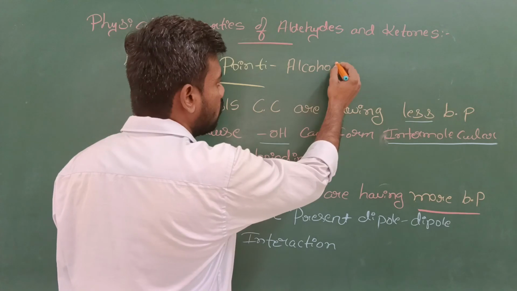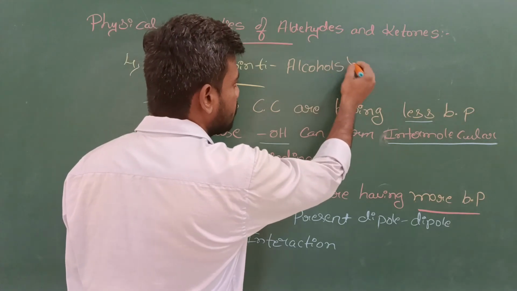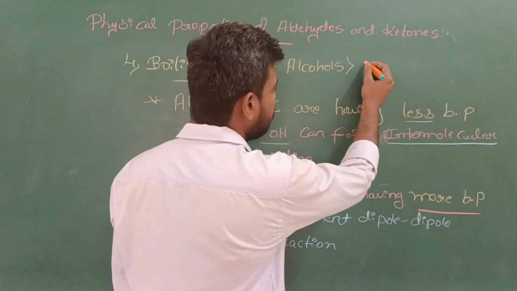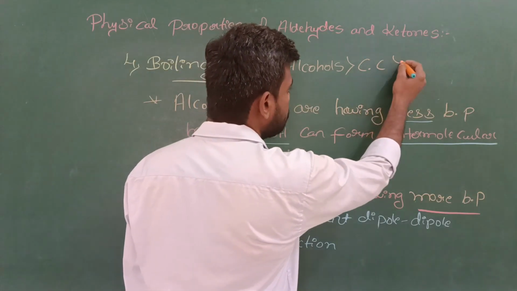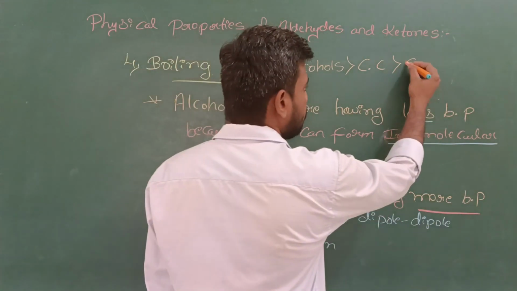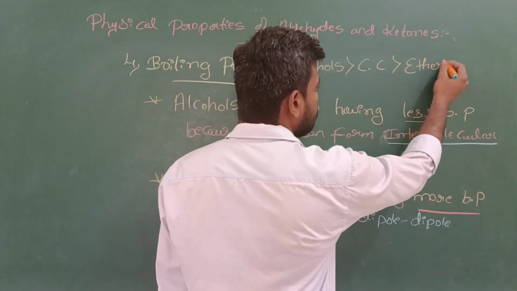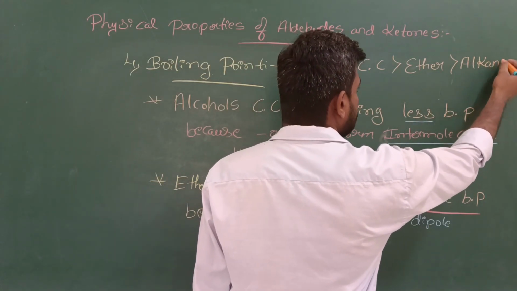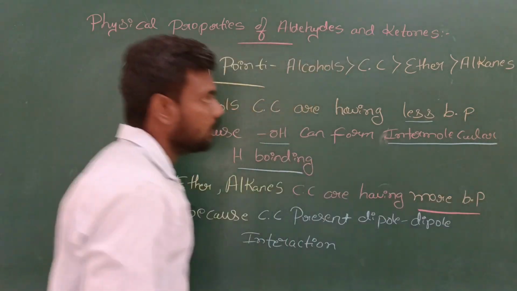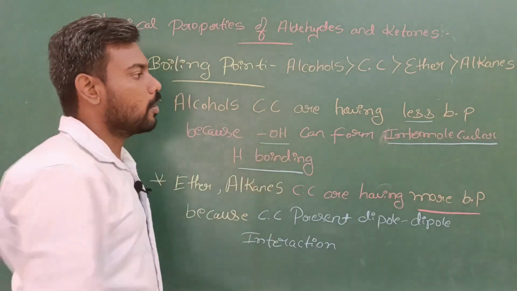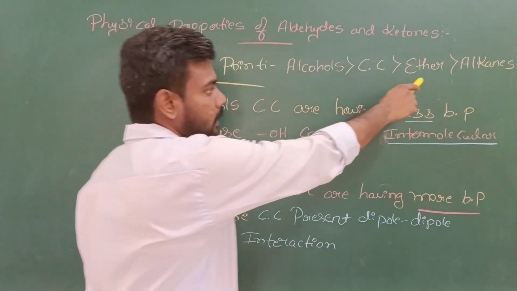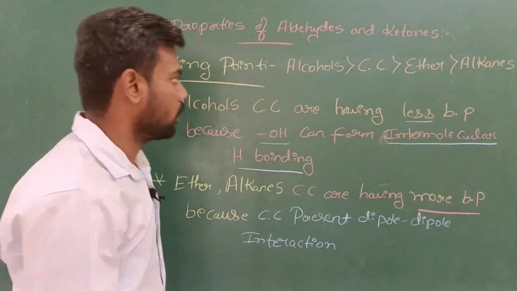Now the order of the boiling points is alcohols greater than carbonyl compounds, greater than ethers, greater than alkanes.